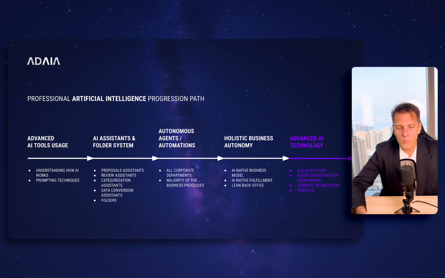All right, so we have gone through the entire artificial intelligence progression path in the business environment. One last phase that we are not covering here is the advanced AI technology, which is only relevant for people who are willing to dedicate their professional life to the AI technology itself, to the deep tech, to getting to understand, to working on the large language models, transformers, architectures, the compute level, data centers set up and operations, and so on and so forth.